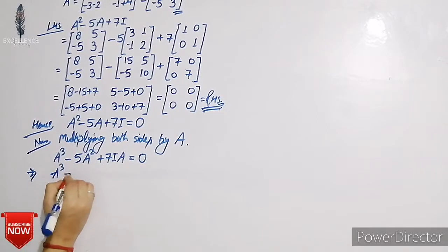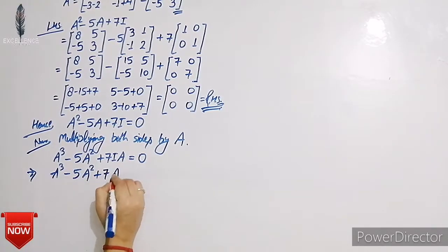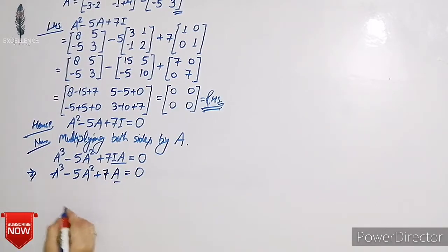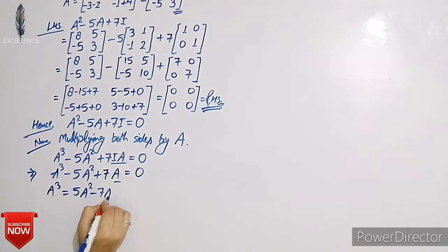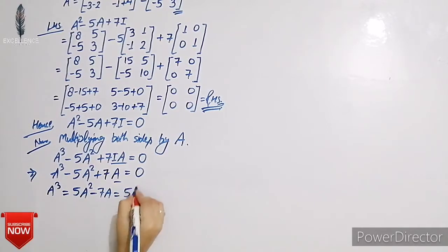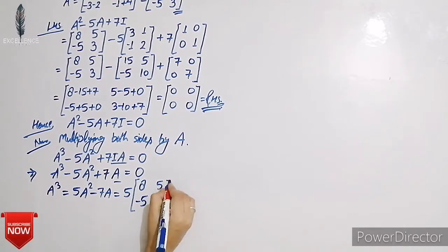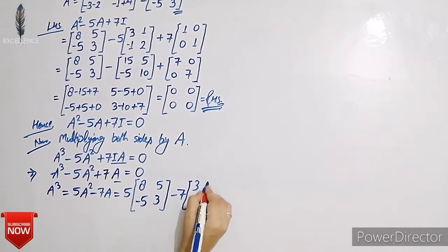That is equal to A cube minus 5A square plus 7A equals 0, because IA equals A. So from here A cube is equal to 5A square minus 7A. Now put the value of A square and A, then we get 5 multiplied with [8, -5; 5, 3] minus 7, and here put the value of A.